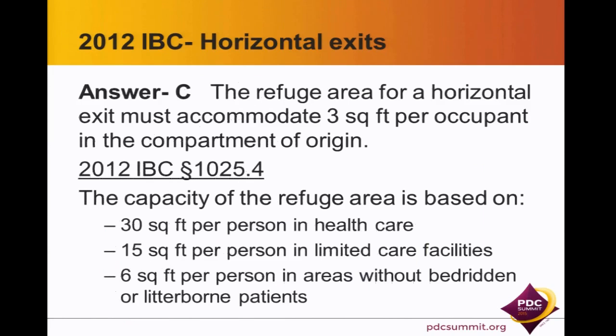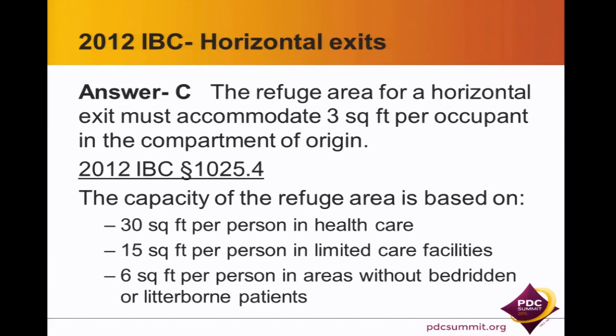C. Very good. And the reasoning behind that is because it's not 3 square feet per person that's required, it's 30 square feet for healthcare. And as you see, there's 15 square feet and 6 for other areas in healthcare occupancies. However, this is another issue when designing horizontal exits. You want to make sure that you have the refuge capacity on both sides of that horizontal exit.